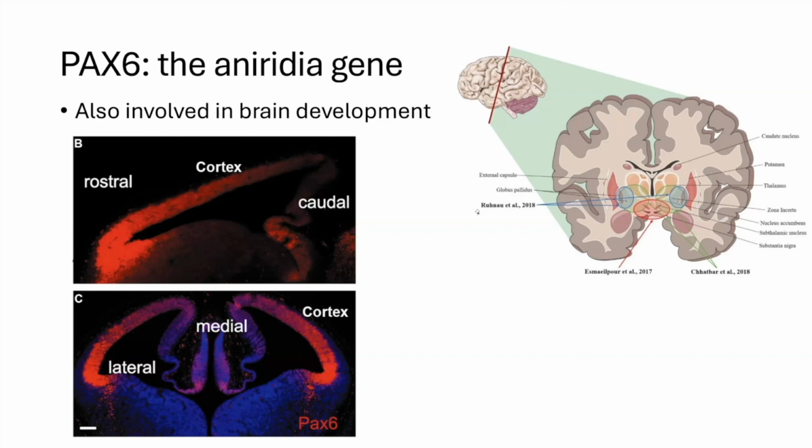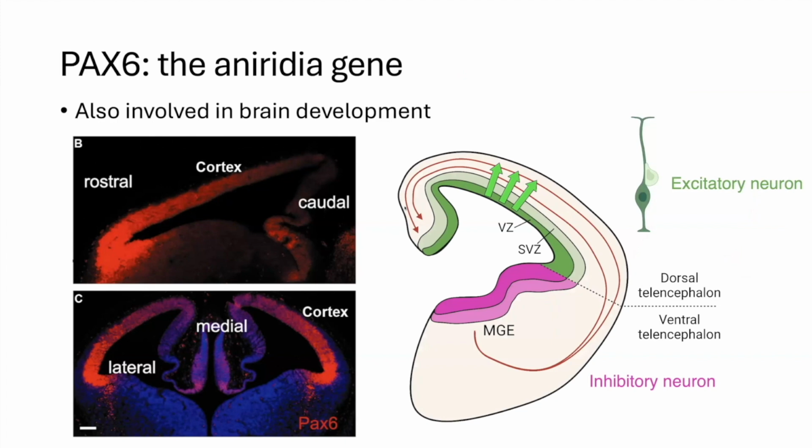What I'm showing here on the left is the expression of PAX6 in red. You can see it's expressed very highly in the cerebral cortex, where most of our information processing happens, but not very much in the ganglionic eminence, which is the bottom bulge. Why this is important is that the cerebral cortex, where PAX6 is very highly expressed, gives rise to excitatory neurons, which I colored here in green.